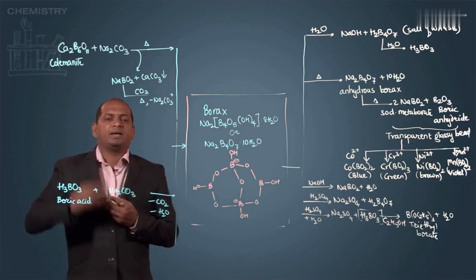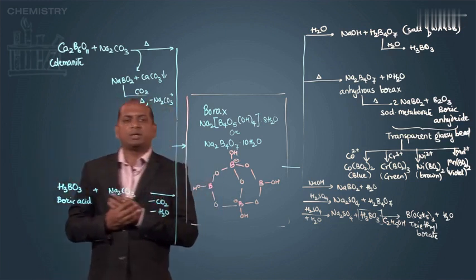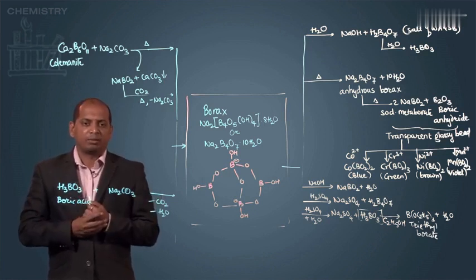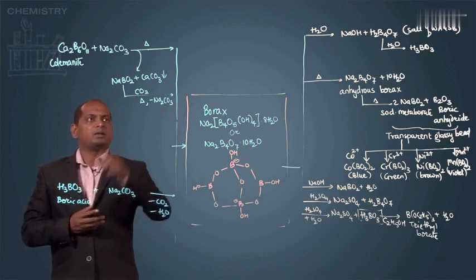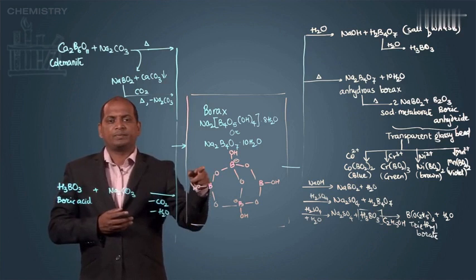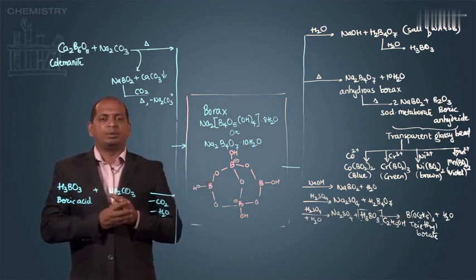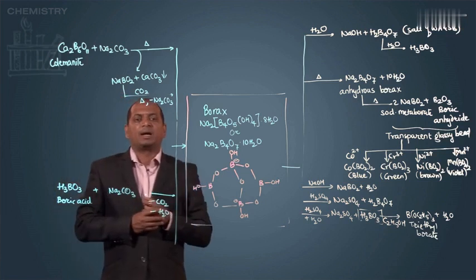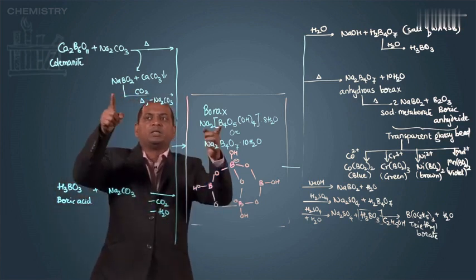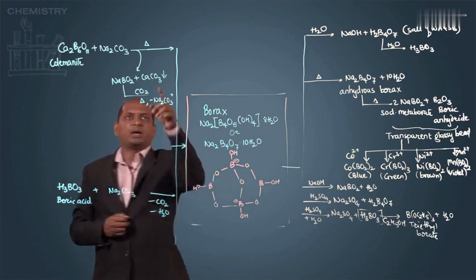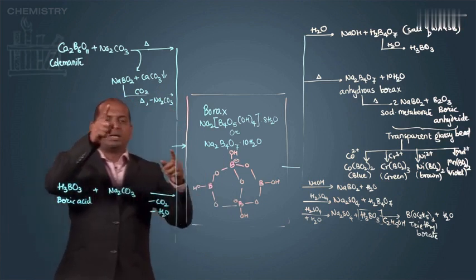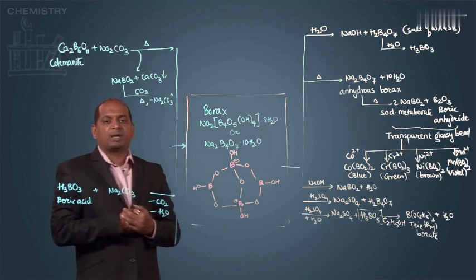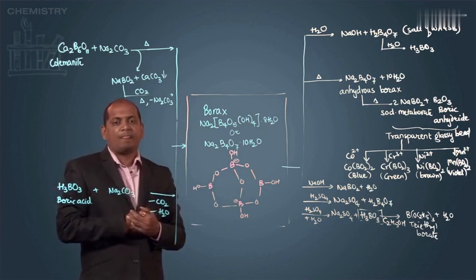Now, colemanite is nothing but calcium borate, which is treated with sodium carbonate so that we get borax, and there are two byproducts: sodium metaborate, NaBO2, and calcium carbonate. Sodium metaborate and borax are soluble in water, while calcium carbonate forms a precipitate.